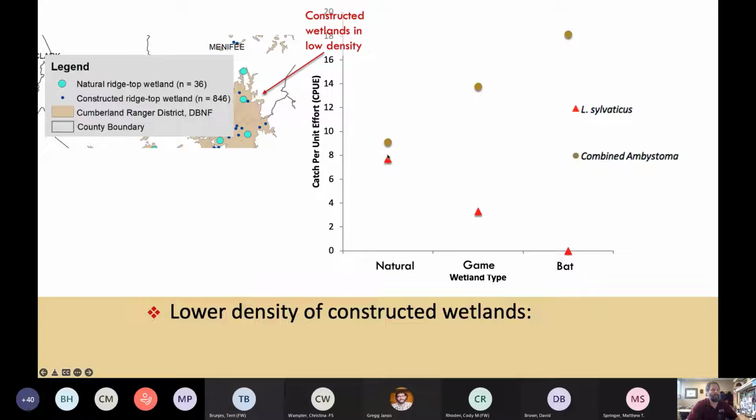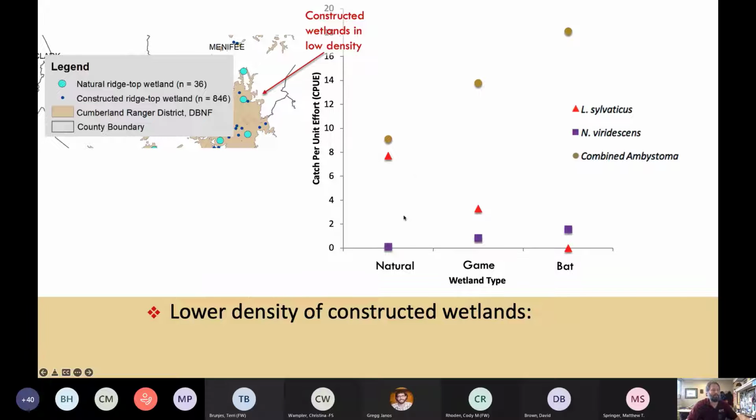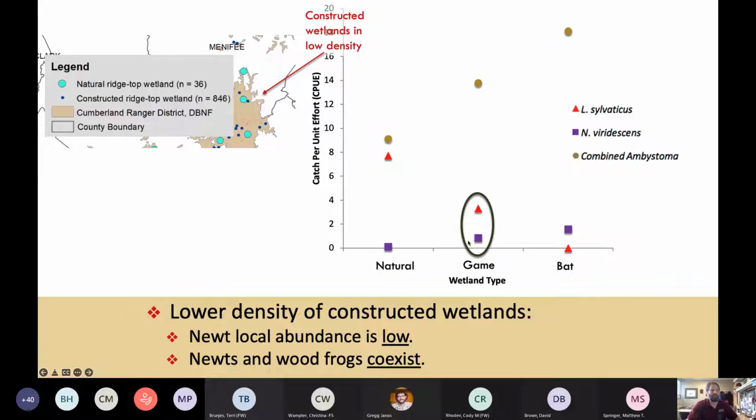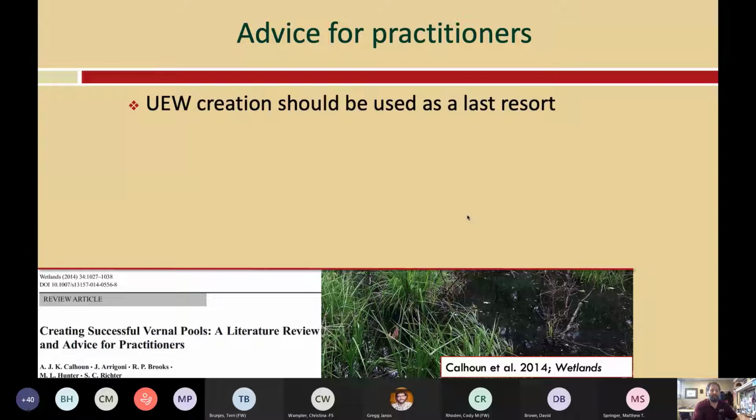Wood frogs that do best in natural ephemeral but do exist in constructed permanent. Newts, which are at a low density, different from the high density of constructeds, are in low abundance in this system. And most importantly is, interestingly, wood frogs and newts can coexist when wetland densities are less. So the point of that is that sometimes it's the densities, not necessarily the hydrology or some combination of those.